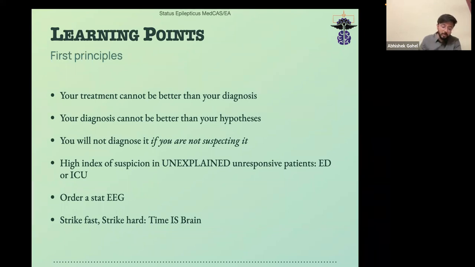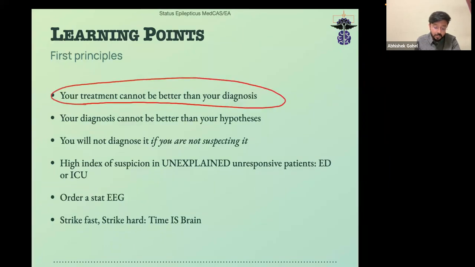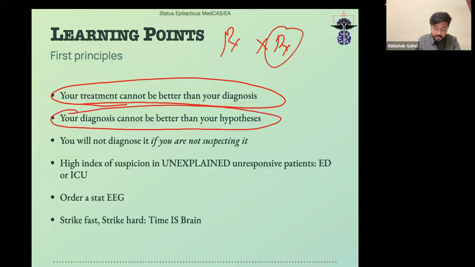So the take-home points, we will think from first principles, that is, your treatment cannot be better than your diagnosis. You will not treat it if you have not diagnosed it, correct? And your diagnosis cannot be better than your hypotheses.